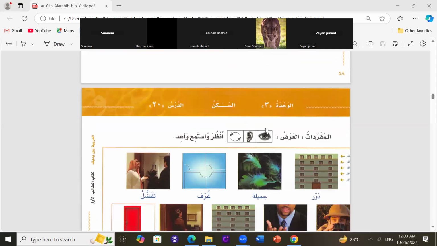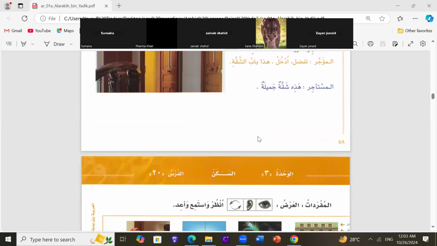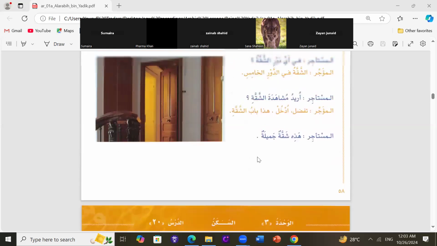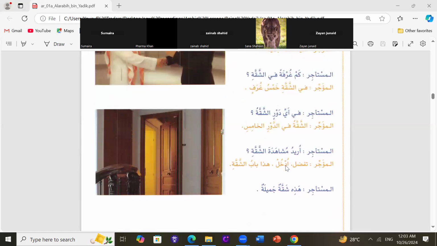No, it doesn't have the meaning of witness. It means watching, seeing. Witness is something else. Like I'm watching a car, I'm watching TV, I'm watching a magazine. In this way, we can use it. It is not the mushahida or observation which we use in Urdu.